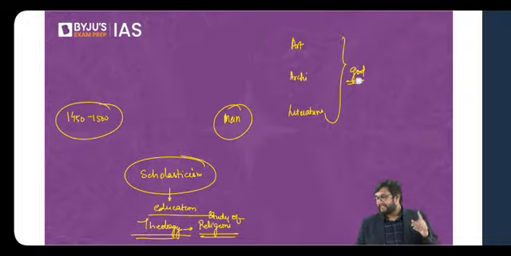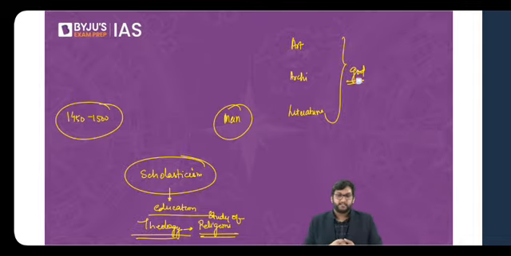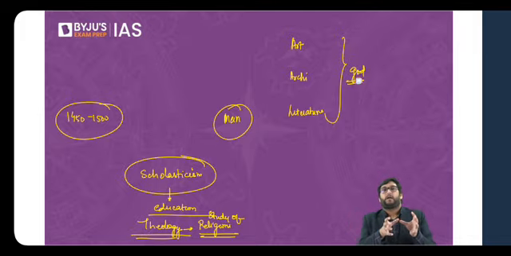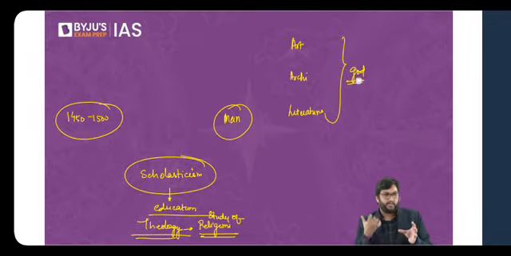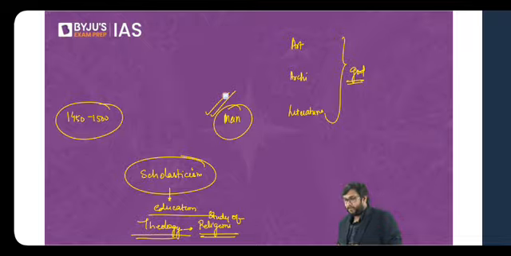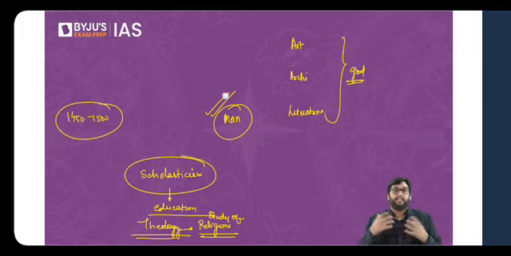Now the Renaissance changed this, because the Renaissance revived Greek knowledge, and the Greek knowledge said, no, man also has power. We as human beings have the power to change nature.